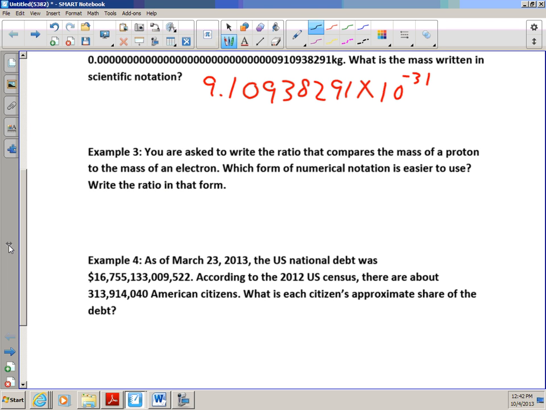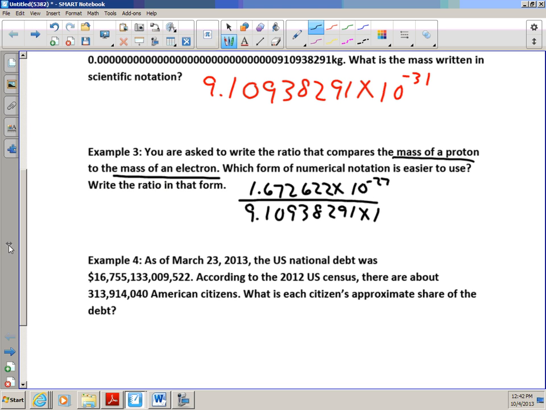So, we're comparing the mass of a proton, so that's our first number, 1.672622 times 10 to the negative 27th, to the mass of an electron, which is 9.10938291 times 10 to the negative 31st.